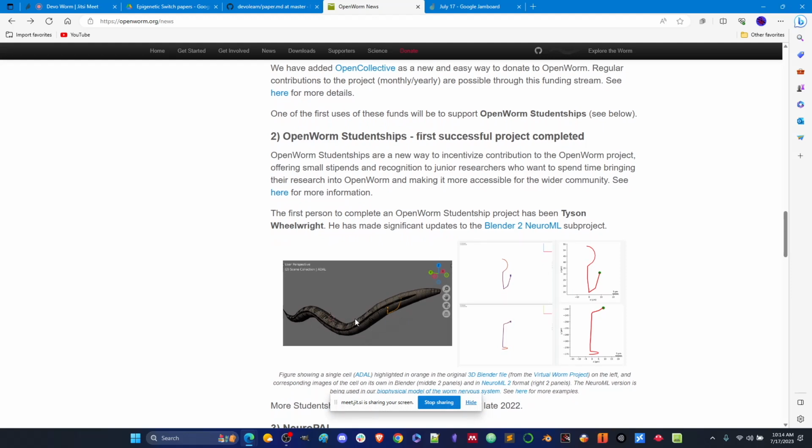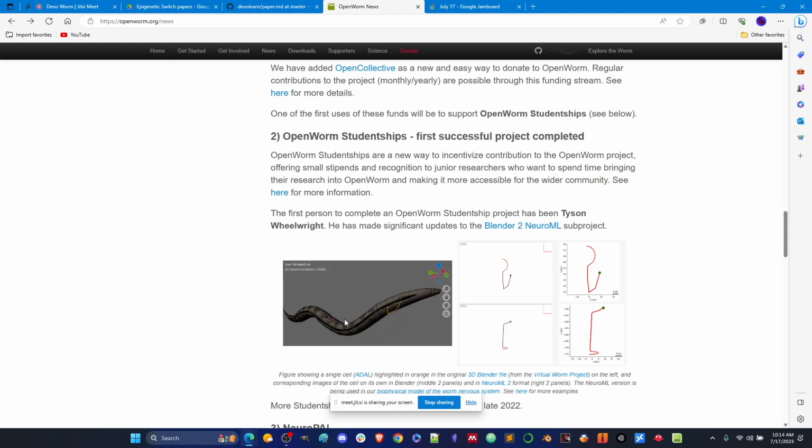Last year's studentship was on the OpenWorm browser, which is a virtual browser of the worm, at blender.openworm.org. You can look at the worm from different perspectives. You can remove the muscles or the cuticle, and you can look at the nerves and the neurons. You can put the muscles and cuticle on. You can look at the whole worm. You can zoom in.